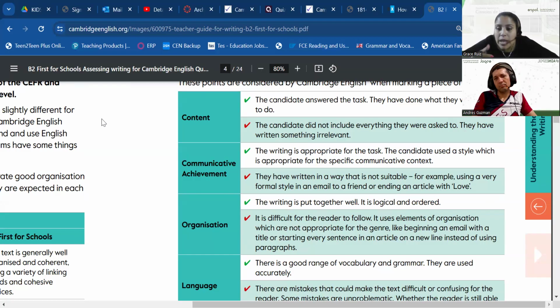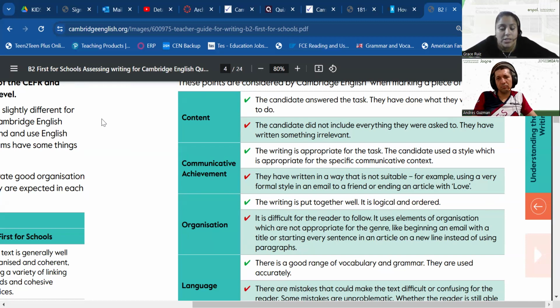Like beginning an email with a title or starting every sentence in an article on a new line instead of using paragraphs. Eso puede ser. Entonces, es una organización que no se atañe a la estructura de lo que estás escribiendo. ¿Ya? Solo ahí es cuando se va a ver detectado algo de temas de organización.